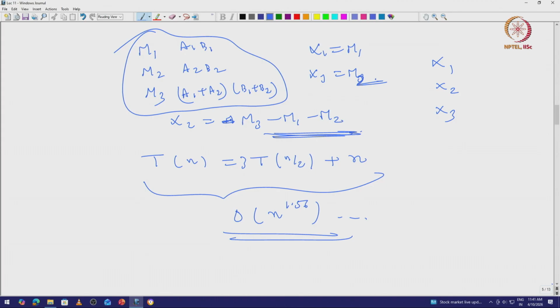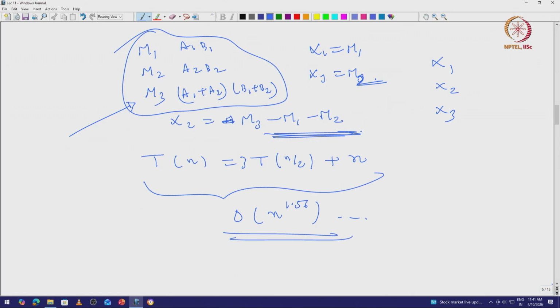Okay. So, this is a more efficient solution. The clever trick is this one: you use only 3 multiplications and get all the values that you want. Earlier, in order to get the values that you want, you have to perform 4 multiplications, but now you are doing only 3 multiplications.